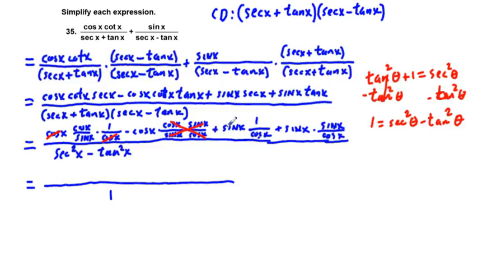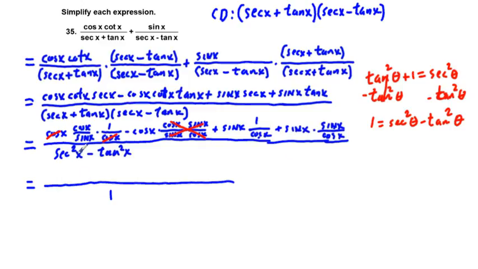And then this next one, this third one, we have sine x over cosine x, which is going to be equal to tangent x. And this last one, we have sine x times tangent x, it looks like.